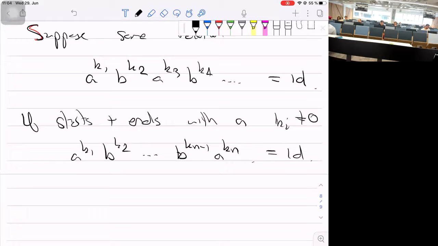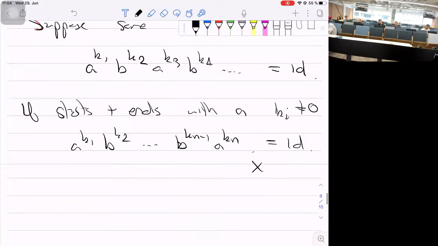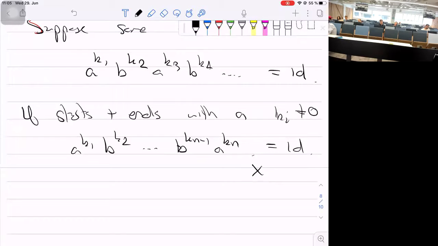The thing is, if this is the identity, this relation, we want to show it can't exist. Look at how this relation would act on the set X. You feed in the set X on this side, and matrix A to the K(n) is going to flip it around to the set Y, and B is going to flip it around to the set X. Then it keeps doing this, B is going to flip it around again to X, and finally, the last A is going to flip it around to Y.